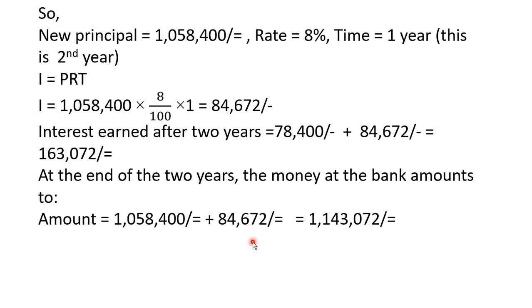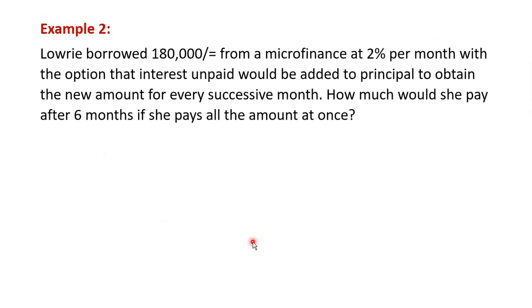Let's look at the second example to understand this better. Example 2: Lowry borrowed 180,000 shillings from a microfinance at 2% per month, with the option that interest unpaid would be added to the principal to obtain the new amount.